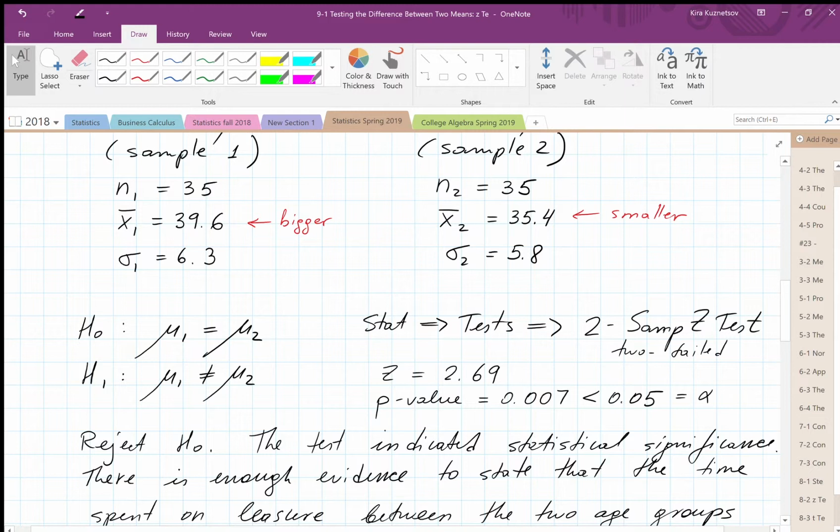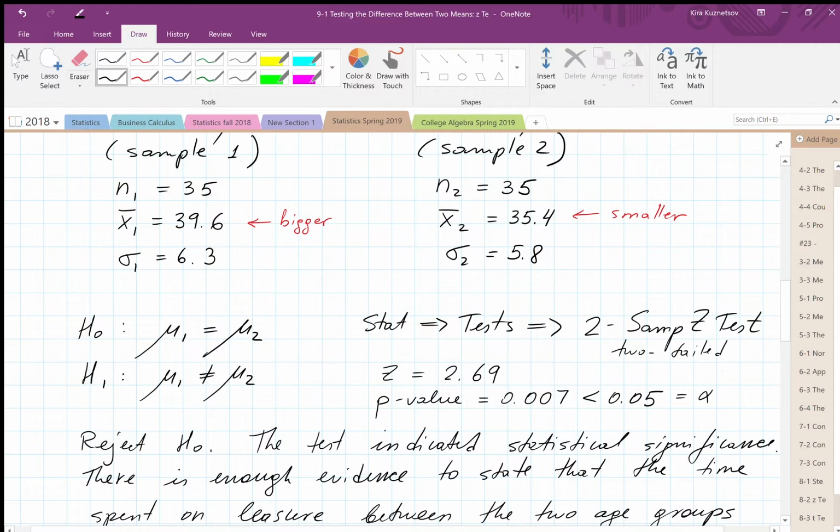Also notice that my hypothesis test showed that we reject the null hypothesis, meaning that we did find a significant difference. So 39.6 is much larger than 35.4. What the confidence interval will show me is how big the difference is. Is it maybe just a couple of minutes, or maybe hours and hours of difference? If you take a look at this, 39.6 minus 35.4 is about 4 hours.